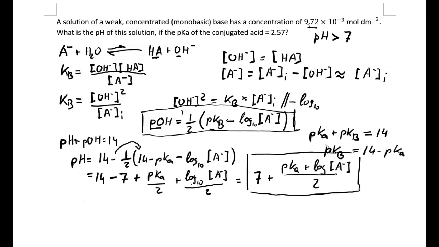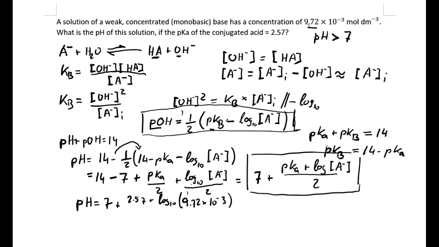And now I just simply put in the numbers. So pH equals 7 plus the pKa is 2.57, plus log to the base of 10 of the concentration of the base. So that is 9.72 times 10 to the minus 3.